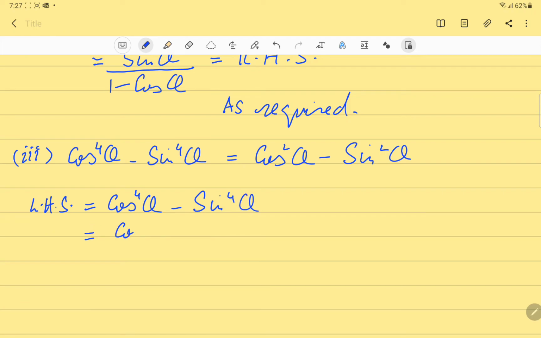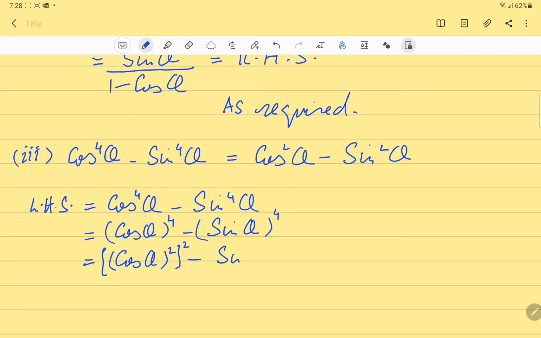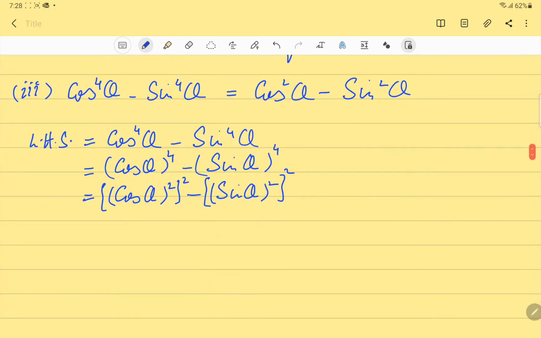We can write it like cos theta raised to power 4 minus sin theta raised to power 4, equals cos theta square, whole square, minus sin theta square, whole square.